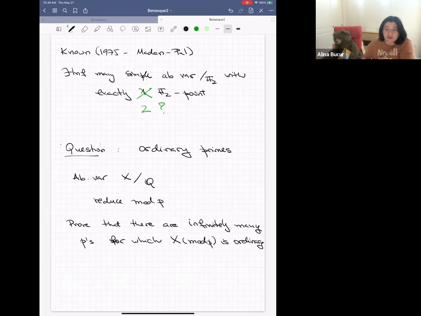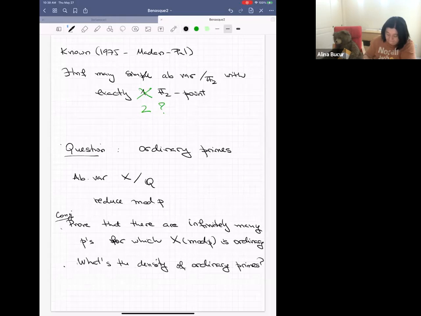And of course, if you manage to do that, then the question is, what's the density of these ordinary primes? We don't even have a guess in general for this.